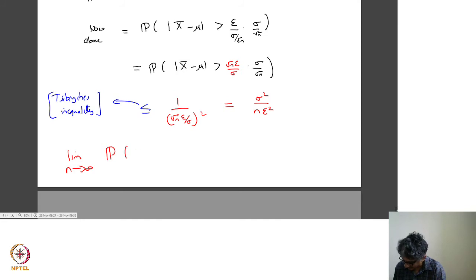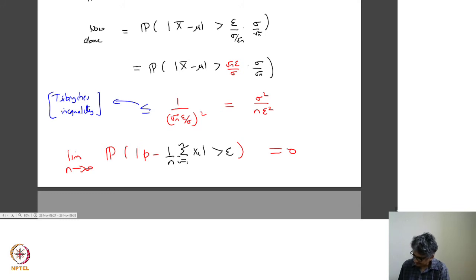The limit of the probability that |1 over n summation i equal to 1 to n of X_i minus mu|, that's what we observed in the experiment, is bigger than epsilon is going to be 0. Right? That's what we observed. So we put all this in blue there.